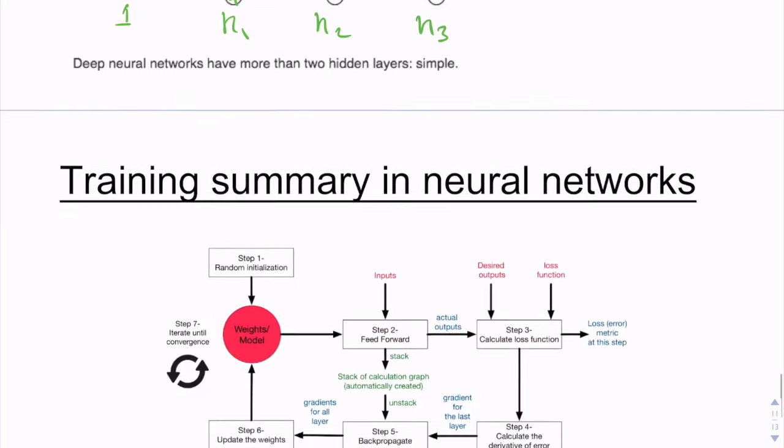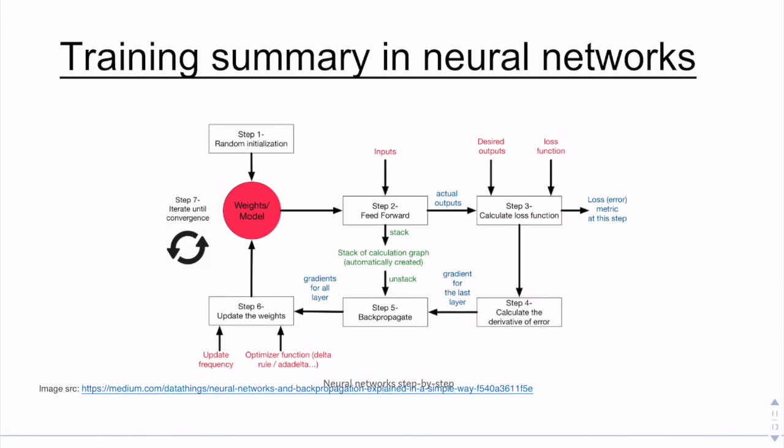So here is a summary of the steps. There are usually 6-7 steps when you're training a neural network. Because we don't have the weights, the W's, we usually set the W's to random values. These random values are usually taken from a uniform distribution from 0 to 1.